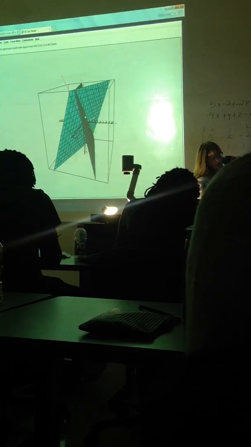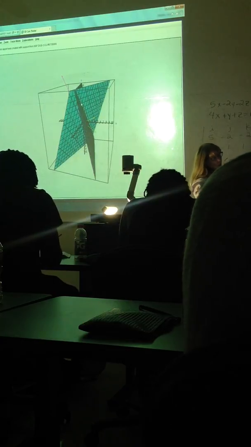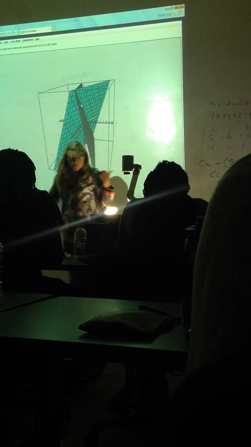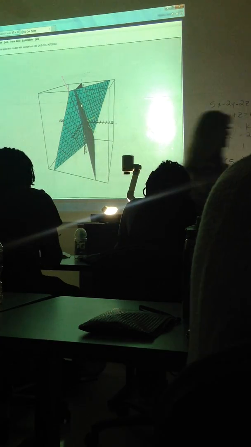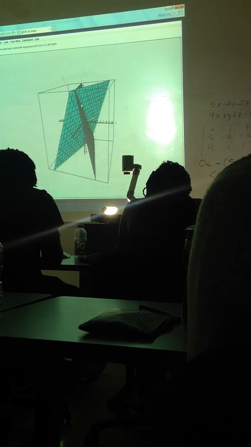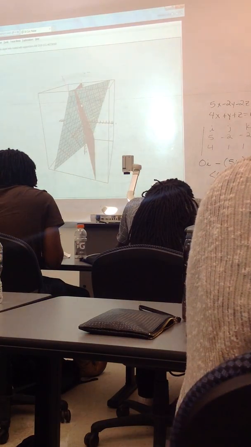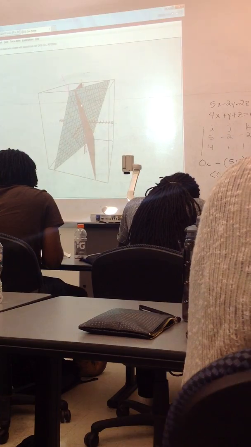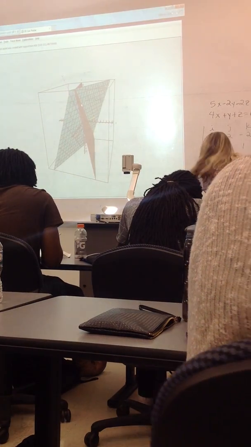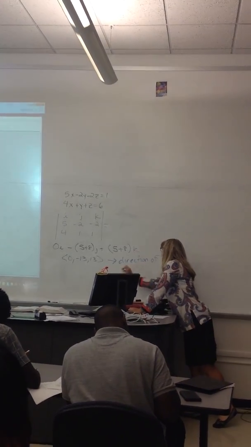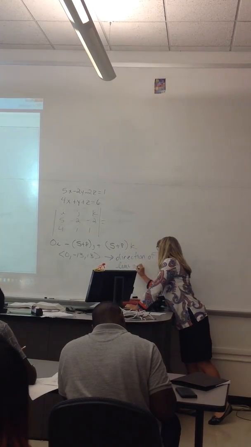So now we just have to find a point we know is on the line, and then we can use that as the direction. Okay, so this gives us the direction of the line of intersection.